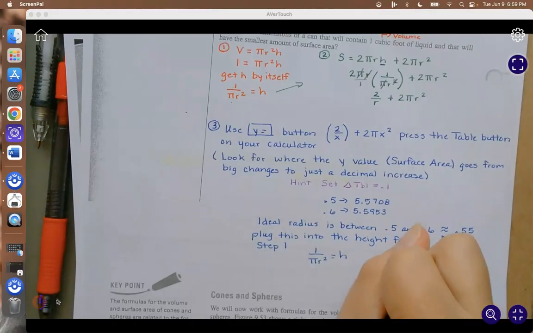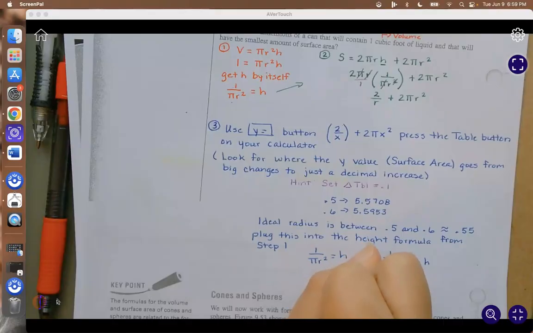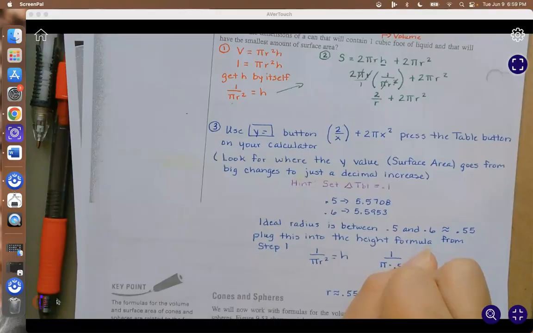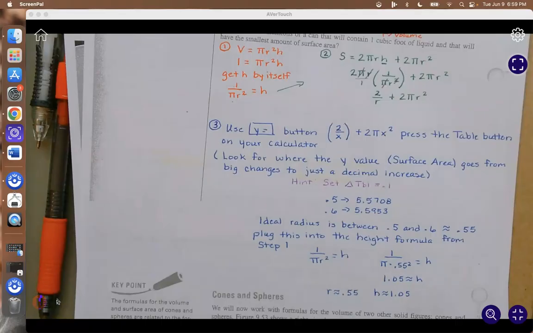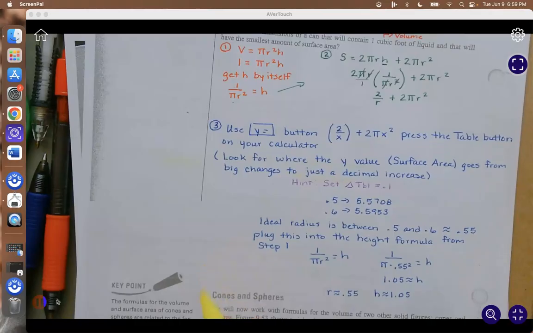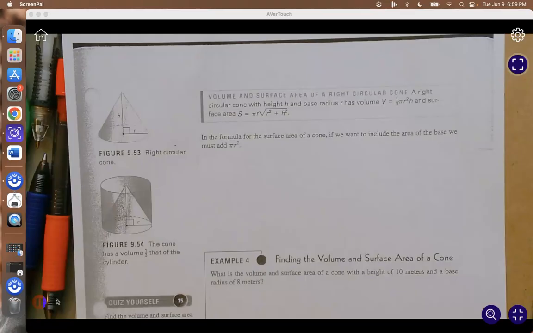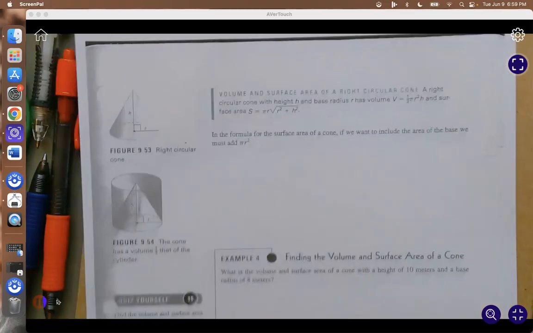And that's going to give me 1.05. So that means our radius is 0.55 and our height is 1.05. And that's the dimensions of the can. Okay, so we kind of had to work backwards. All right, now let's move on to cones and spheres. Okay, and if you need to rewind that, feel free to do so.